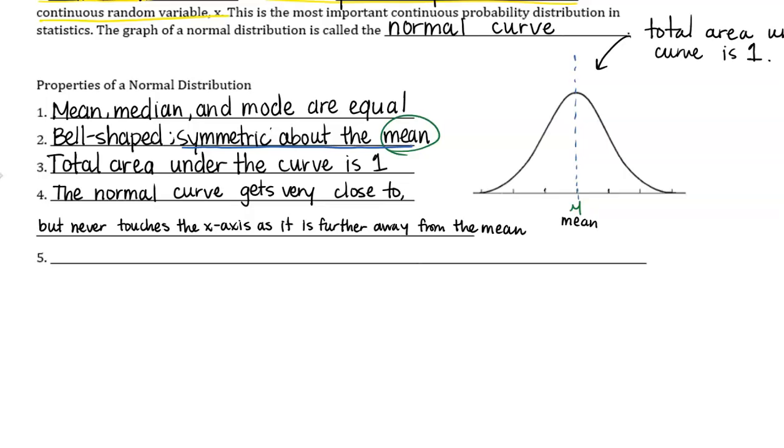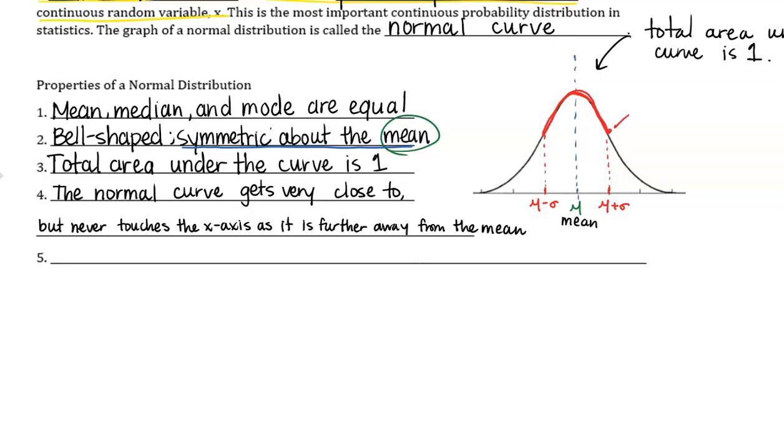So we say that between mu minus the standard deviation, so whatever the mean is, move a standard deviation to the left, and whatever the mean is, move a standard deviation to the right, between these two points the graph is curved downward. The normal curve is curved downward between those 2 points right there.